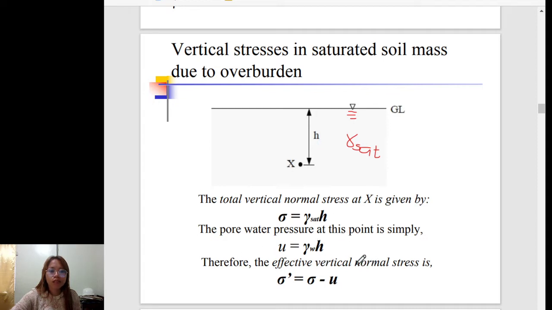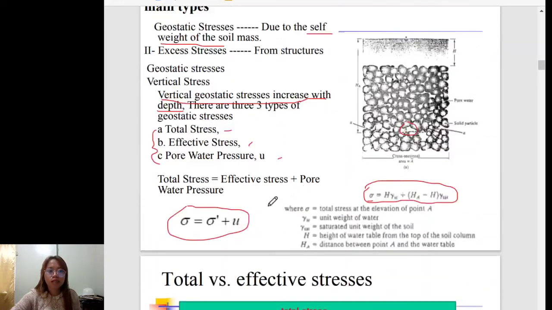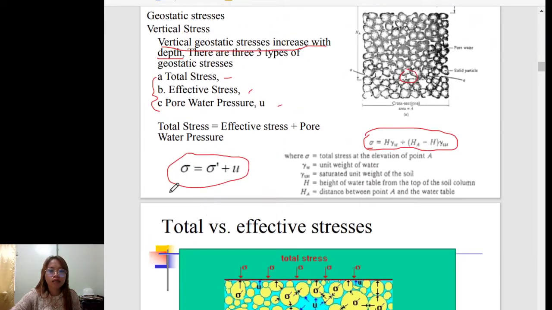Therefore, the effective vertical normal stress is equal to the total stress minus the pore water pressure, as discussed in the earlier slides. The total stress is equal to the effective stress plus the pore water pressure.